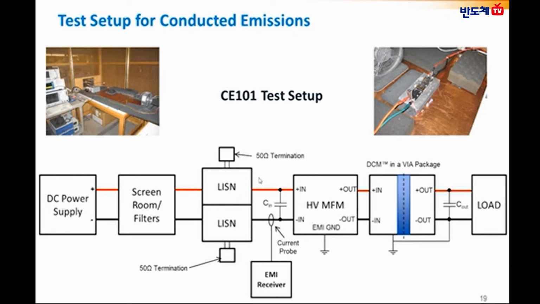And the typical CE102 test setup consists of a 50 ohm termination, whereas the emissions are recorded using an EMI receiver as a function of voltage across a 50 ohm termination of the positive lead or negative lead.